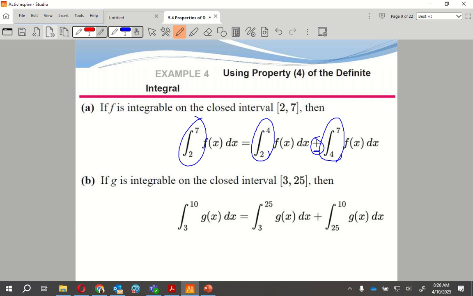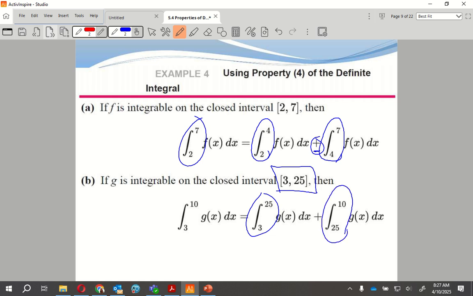So from 2 to 7, adding both pieces together is going to give me all the way from 2 to 7. Now, this is where that weird thing comes into play. So, closed interval 3 to 25. Isn't 3 to 25 the whole thing? Okay, 3 to 25 is the whole thing. So that's this one right here.